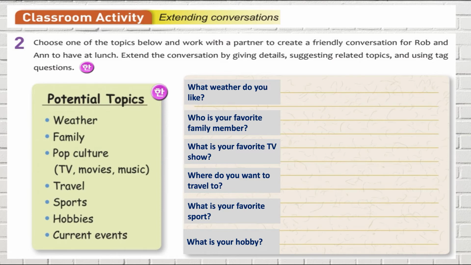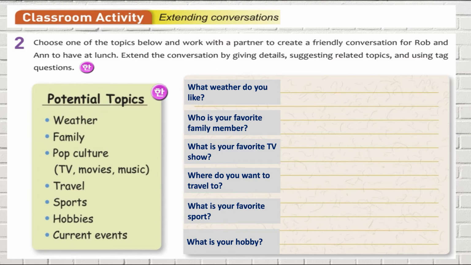Where do you want to travel to? I want to travel to England. Okay. Me too. And what is your favorite sport? My favorite sport is gymnastics. Ooh, not me. Soccer. What is your hobby? My hobby is playing piano. Playing the piano. Not me. Okay, my hobby is playing chess.